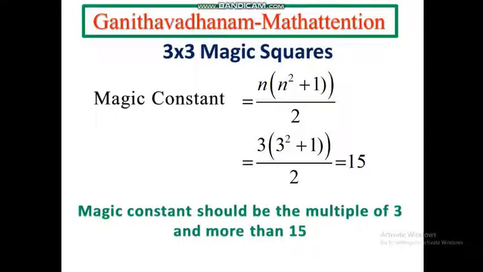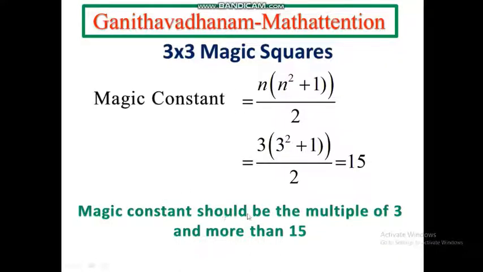There is a universal formula to find the magic constant. This is that formula: n times (n squared plus 1) divided by 2. Instead of n, we can use 3, 4 or 5 accordingly, for a 3 by 3, 4 by 4 or 5 by 5 magic square respectively.